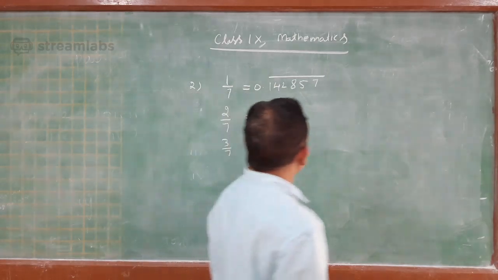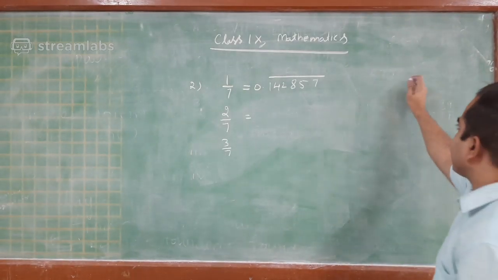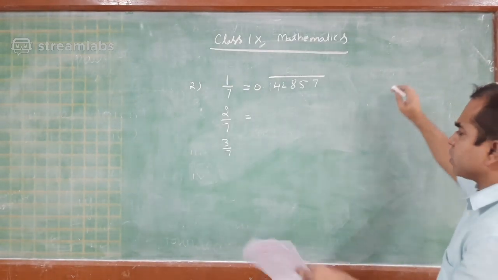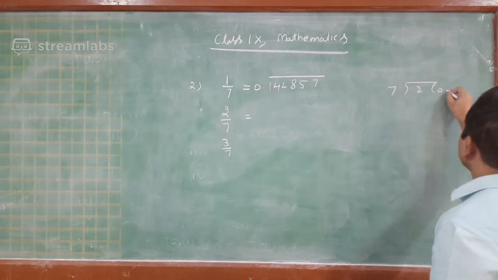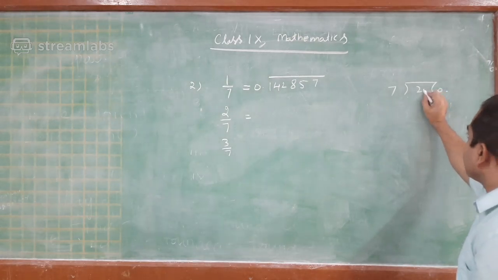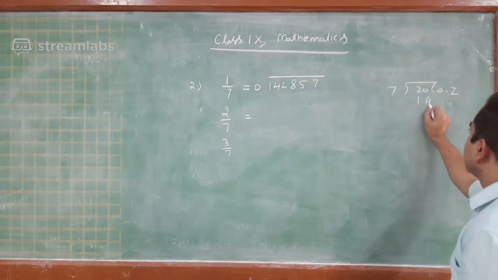Let us think. If you divide 2 by 7, without going for proper division, just one digit I am trying to divide, you will use a decimal, 20 will come and it will go 2 times. 7 2s are 14, isn't it?